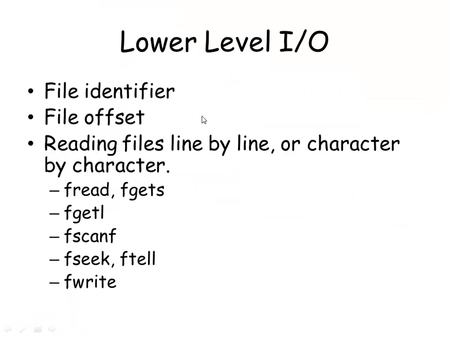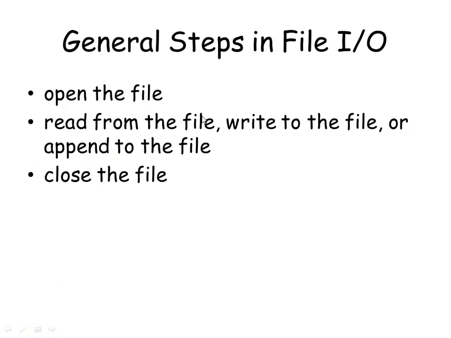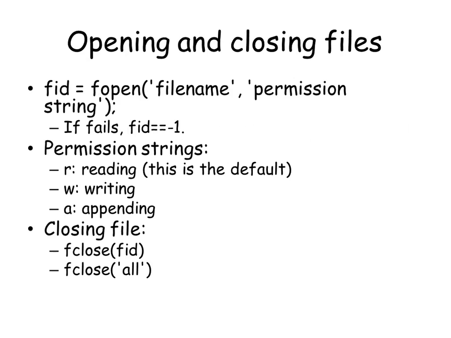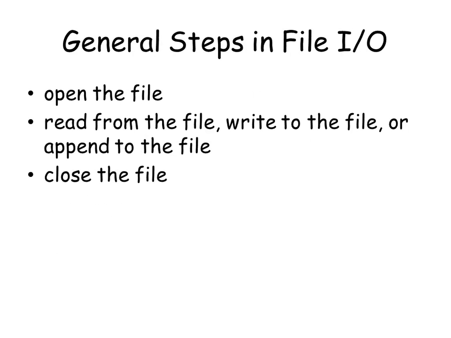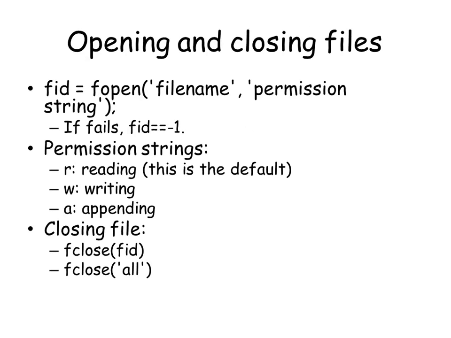All right, so the general steps in working with files is that you open the file, you read the file, or you write into the file. Sometimes you may not want to delete everything from the file, but you may want to append to the end of the file. If you want to do that, you need to open the file with a different letter.